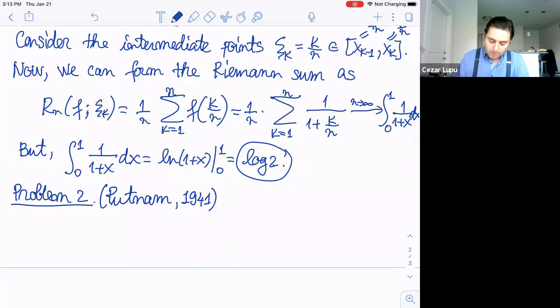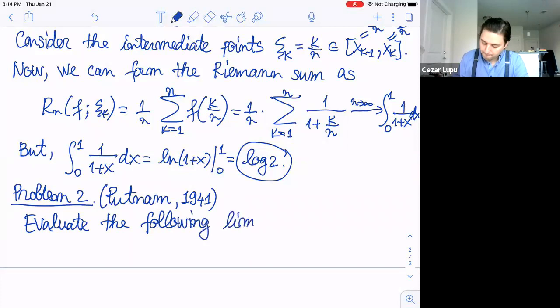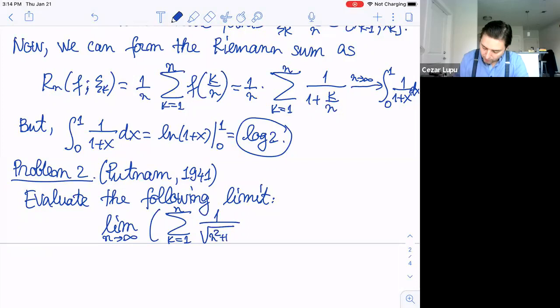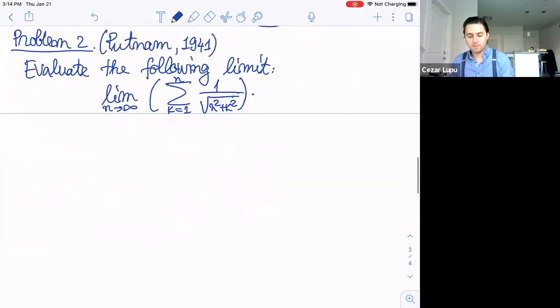All right, so the question was, evaluate the following limit. The limit was the limit as n approaches infinity of the sum from k equals 1 to n of 1 over the square root of n squared plus k squared. All right, so that's the problem.